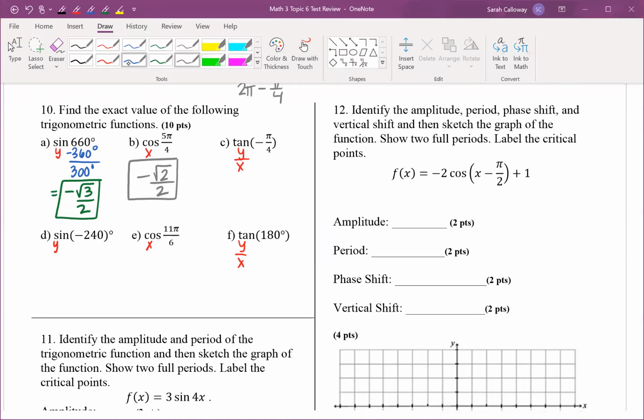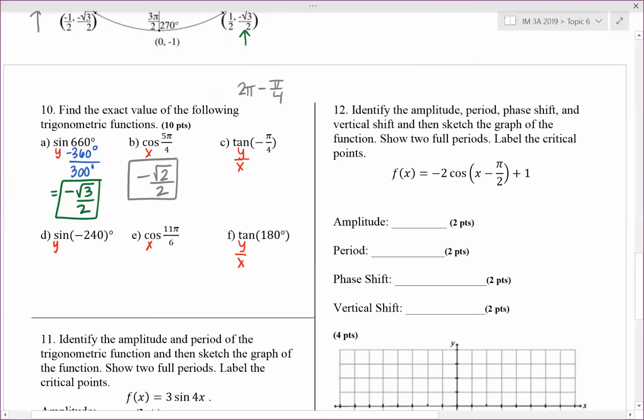So since the pi over 4 has a denominator and 2 pi doesn't, I want to multiply by 4/4 so that they both have that denominator of 4. So that means that 2 pi, I want to think about it as 8 pi over 4 instead, minus pi over 4. And so that means that negative pi over 4 is equivalent to 7 pi over 4.